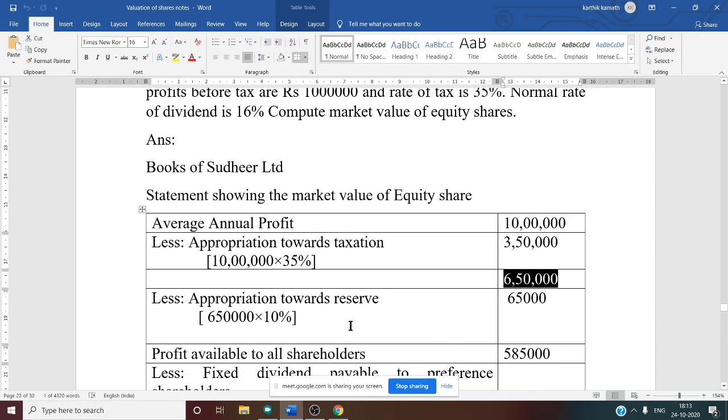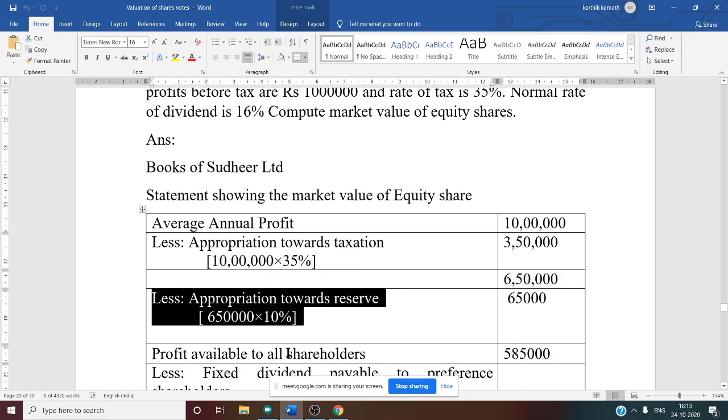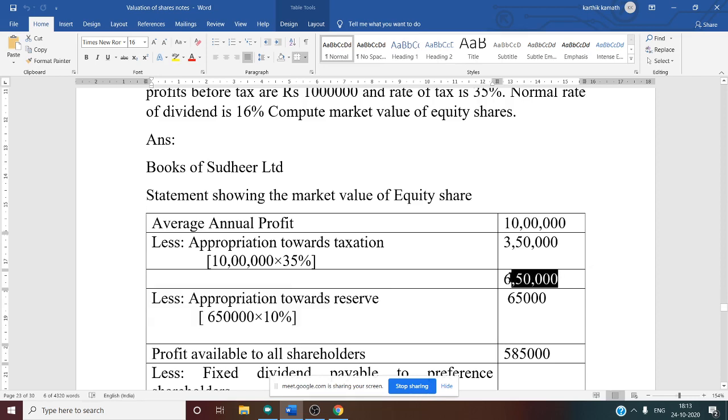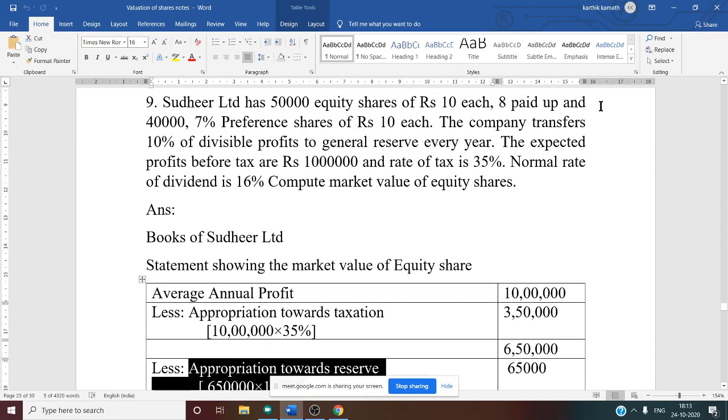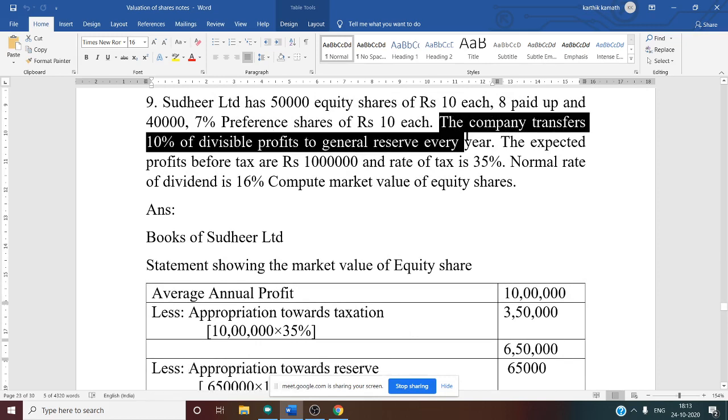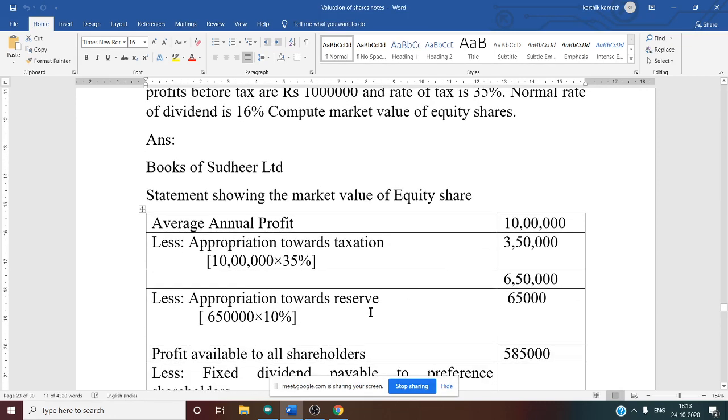Now one more deduction is there, that is appropriation to general reserve. Yes, that is on the remaining balance. Now what balance is remaining? 6 lakh 50,000. On that you need to take 10%. Why 10%? Because it is given in the problem that the company transfers 10% of divisible profit to general reserve every year. The rate of reserve is mentioned.